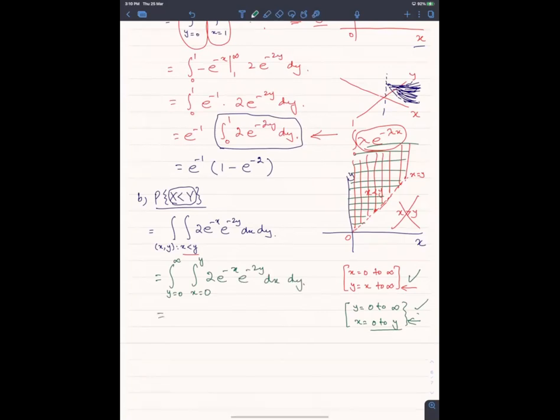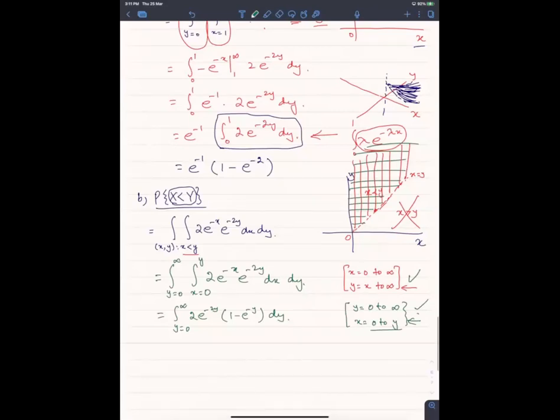So इसको इंटीग्रेट करें, अगेन एक्सपोनेंशियल की कुछ प्रॉपर्टीज अगर किसी को याद हो तो आप डायरेक्टली इस्तेमाल कर सकते हैं, because x going from 0 to y, this really is y equal to 0 to infinity, ये 2 e to the minus 2y मैंने बाहर निकाल लिया, and अंदर यहाँ पे आपके पास x going from 0 to y e to the minus x है, so this lambda is equal to 1 वाला ये एक्सपोनेंशियल है, and this is the CDF 1 minus e to the minus y and dy.